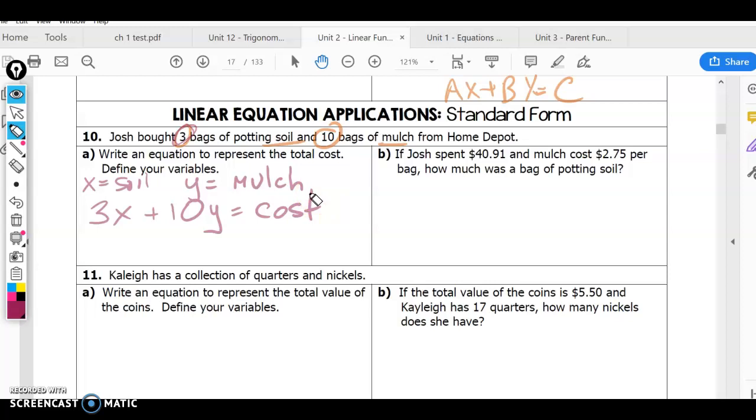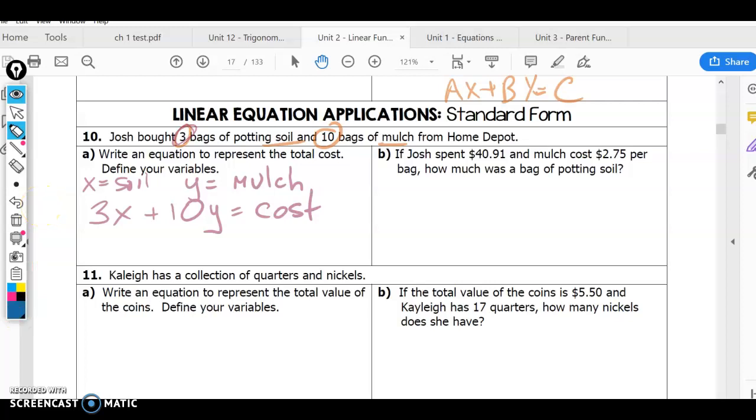Now, going to part B, if Josh spent $40.91 in total and mulch cost $2.75 per bag, how much was each bag of soil?